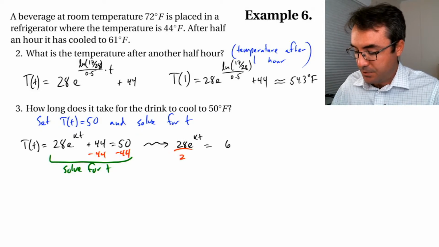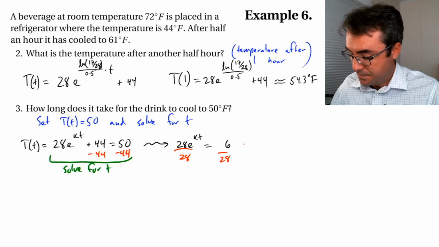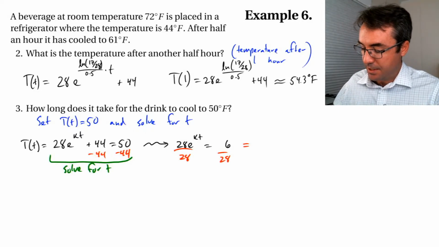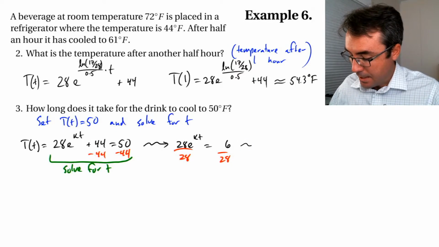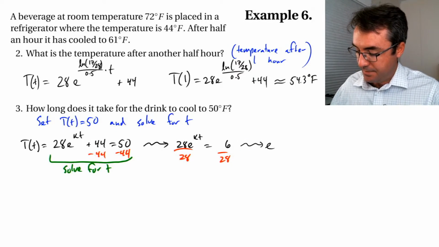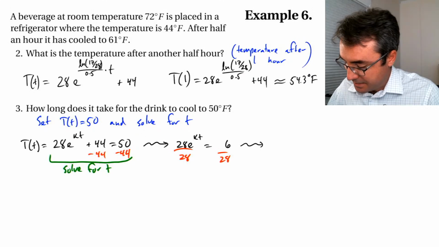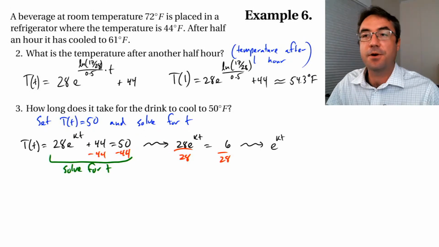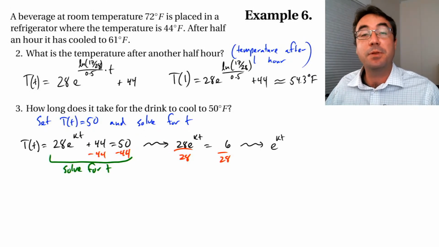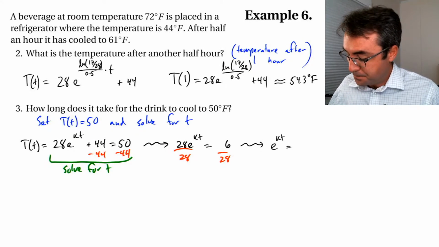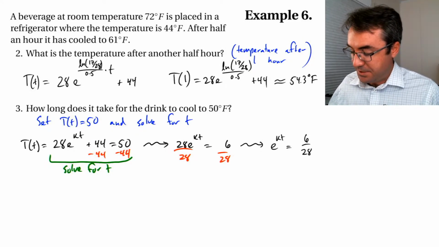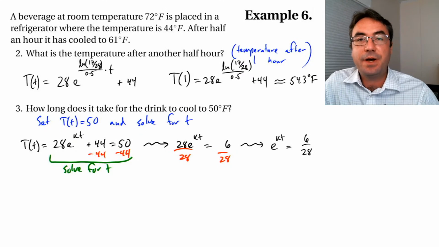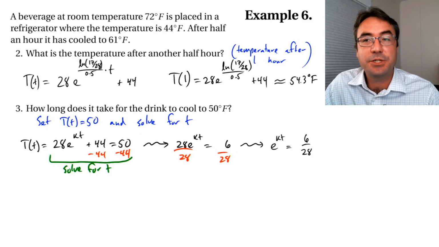Divide both sides by 28. And that gives us e to the kt, and let's leave enough room there, because we know we're going to be applying our natural log. So leave a little bit of space there. So if we divide both sides by 28, we get that expression.